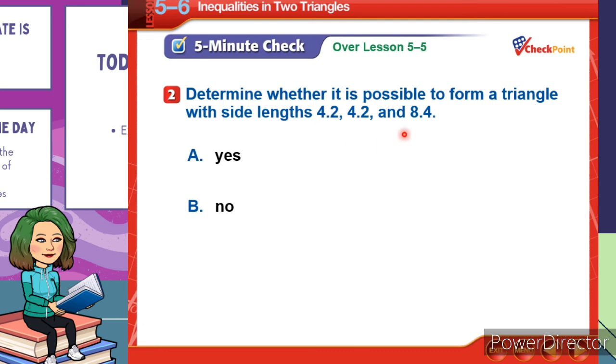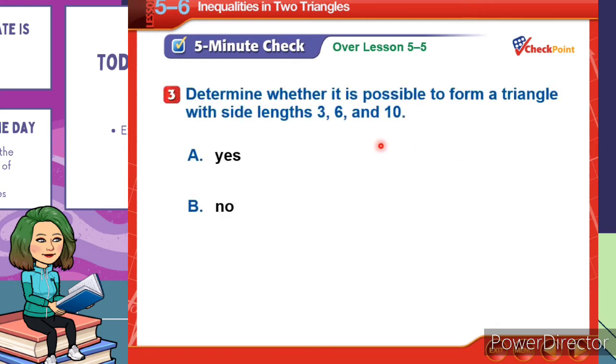So, doon pa lang, definitely, our answer will be no. Kasi meron tayong doon mag-i-equal. This side plus this side gives you 8.4. And 8.4 is equal to itself. So, sa condition natin, wala tayong greater than or equal to. Therefore, we cannot construct a triangle using this length.